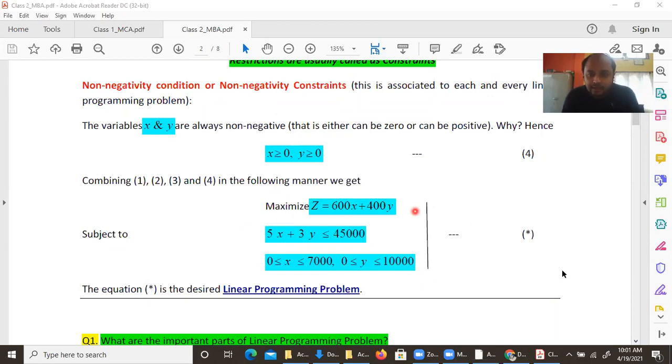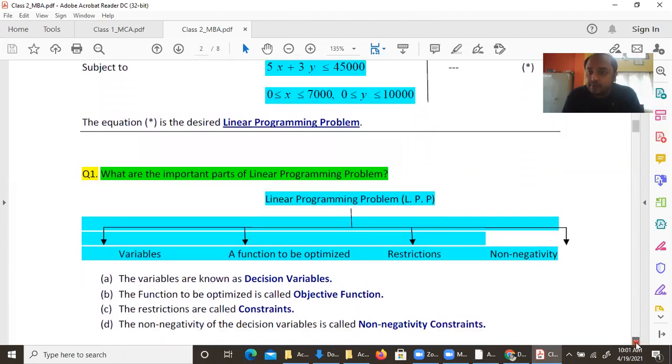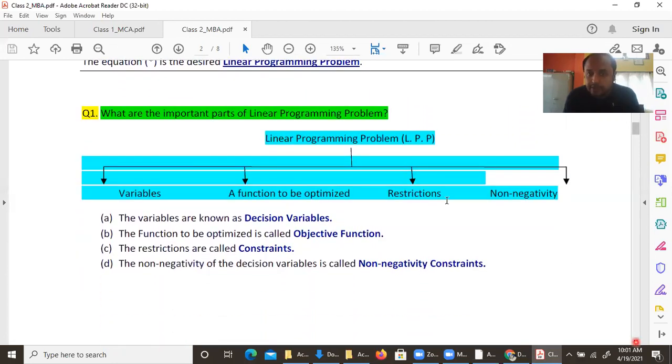Here I have mentioned these various parts of the linear programming problem. A linear programming problem actually consists of 4 different parts: variables, a function to be maximized, restrictions, and non-negativity constraints.